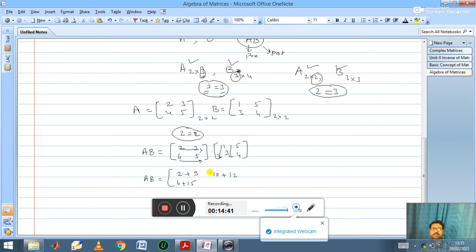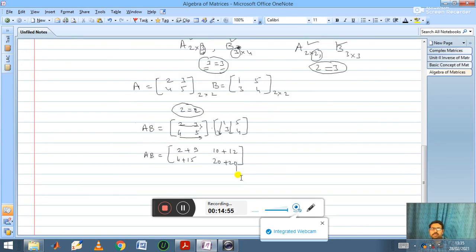Then second row, second column: 4 into 5 gives 20 plus 5 into 4 gives 20. Then in the next step, matrix AB is equal to 9 plus 2 is 11, 10 plus 12 gives 22, 4 plus 15 gives 19, and 20 plus 20 is 40. This is your matrix multiplication.